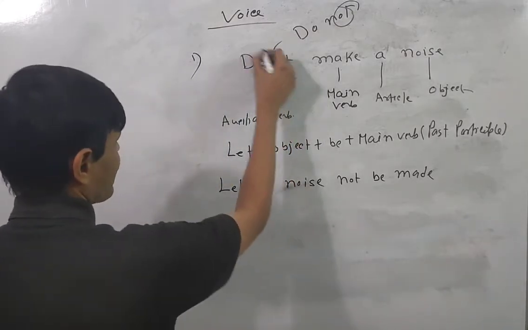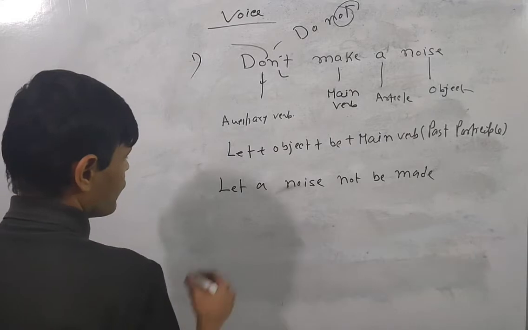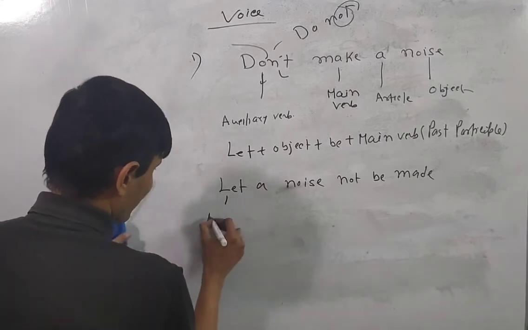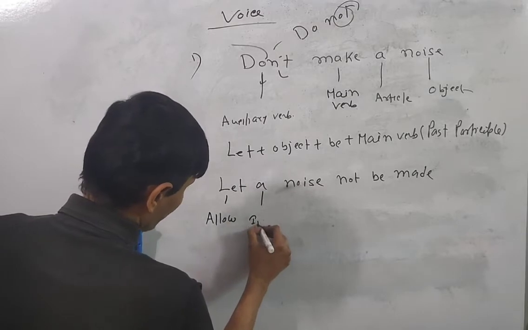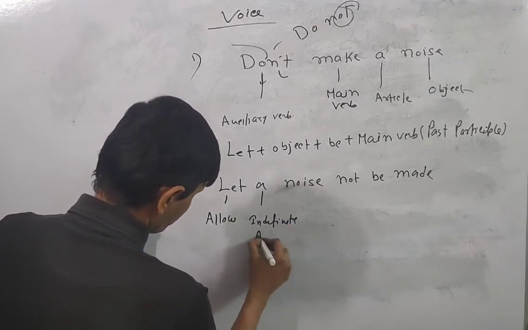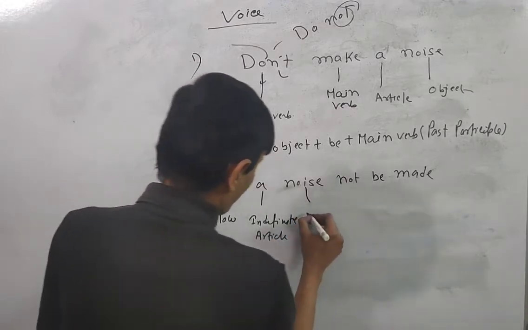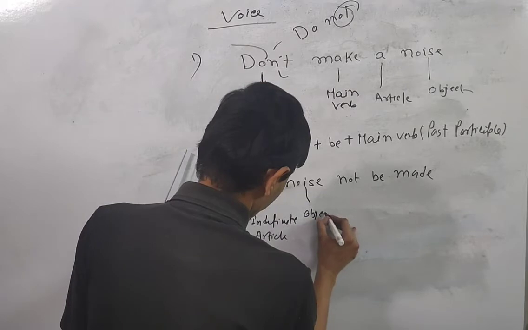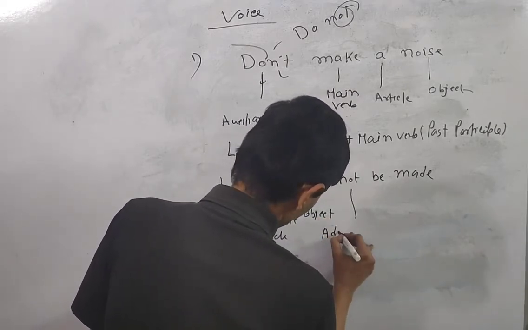So do is automatically omitted. So here the answer will be like this. Here let is functioning as an auxiliary verb. A is functioning as the indefinite article. Noise is functioning as the object. Not is functioning as an adverb of negation.